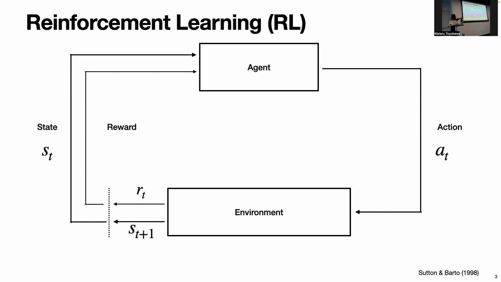In some cases, you can also think about your action changing the environmental state, so state S might also change. Then this reward and state feed back to the agent, the agent's knowledge might be updated, and then they produce the next action.